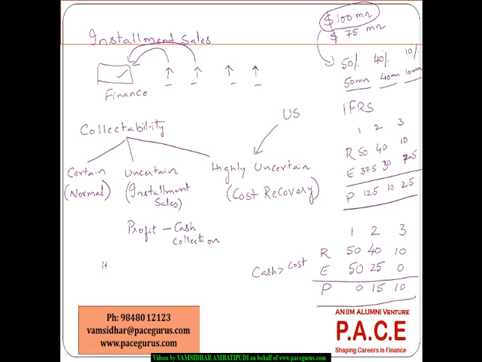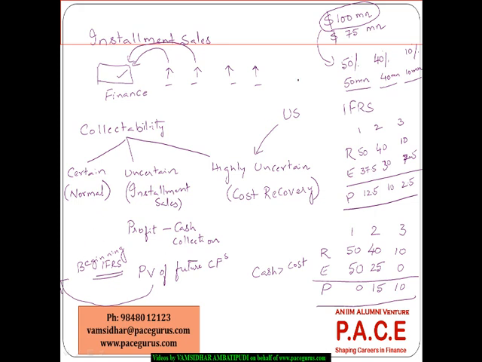But in the case of IFRS, especially the installment sales method, what is typically done is that the present value of the future installment payments is computed and recognized at the beginning itself. At the beginning, I find out the present value of the future cash flows, not the exact future cash flows.